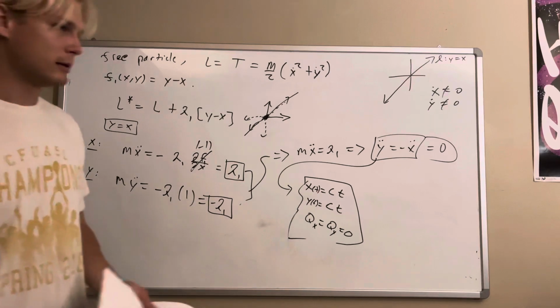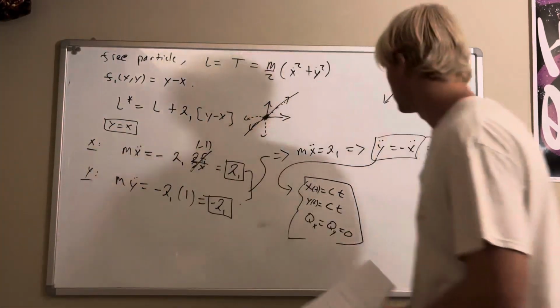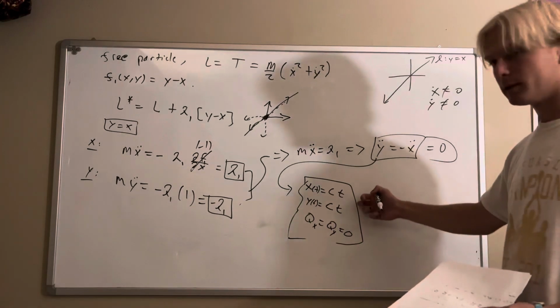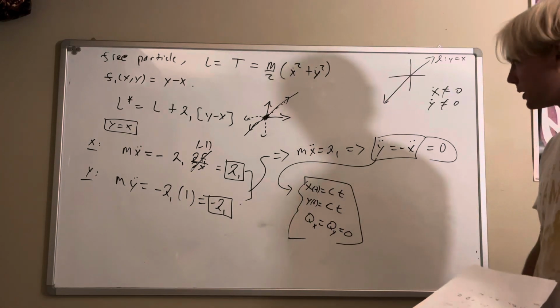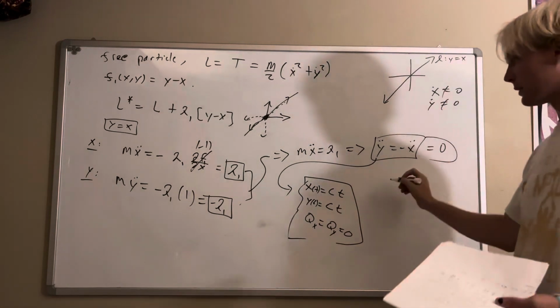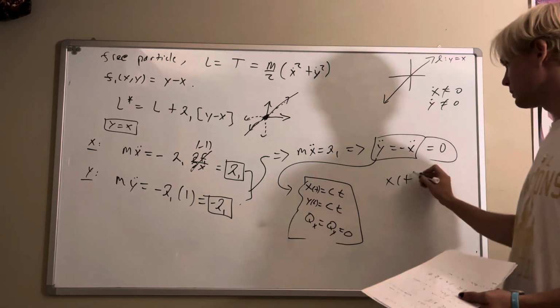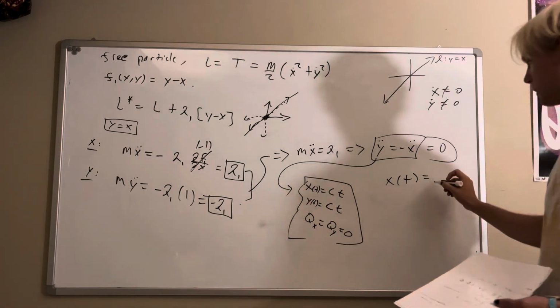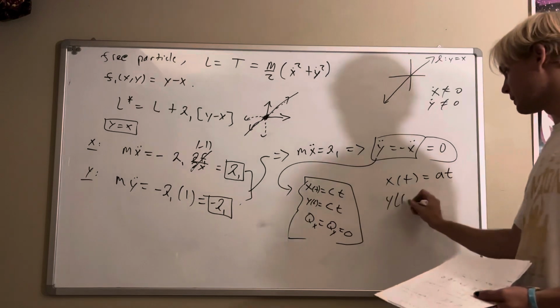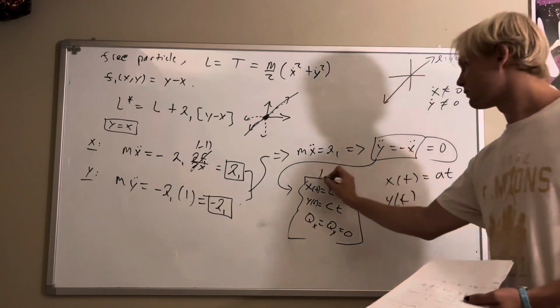And as I was trying to note earlier, we could have simply written down a parametric equation to describe this line in terms of x and y. So I could have just written x of t is equal to, let's call it at, and y of t. So this is physics.